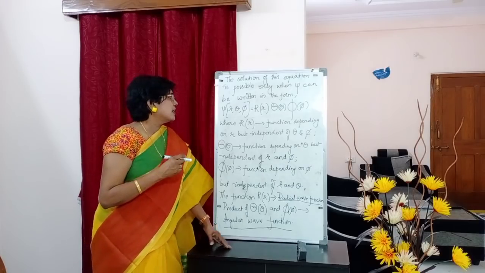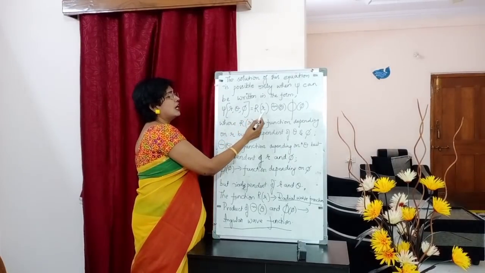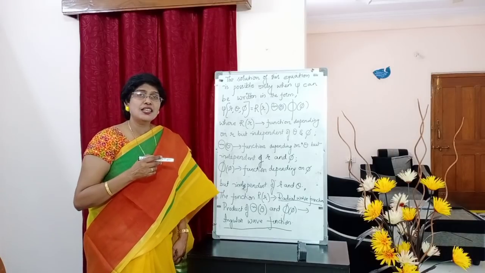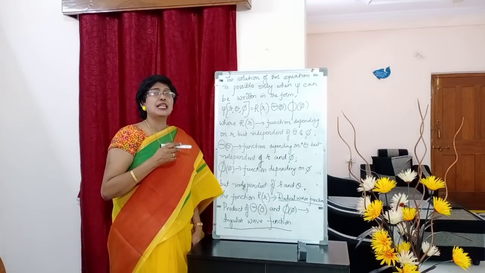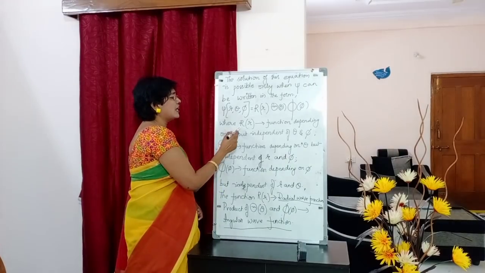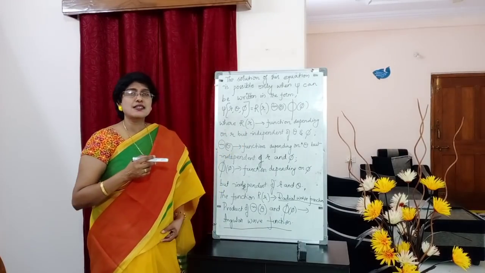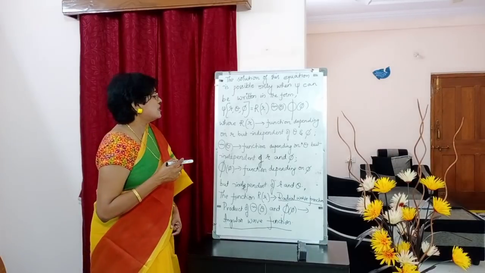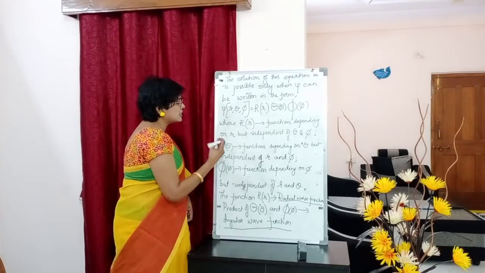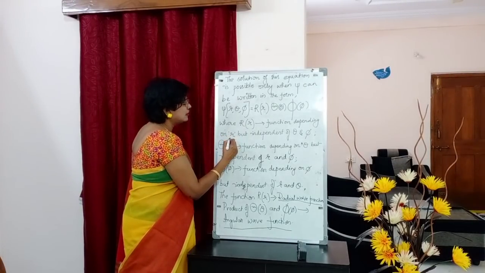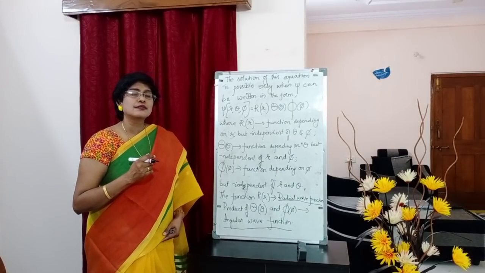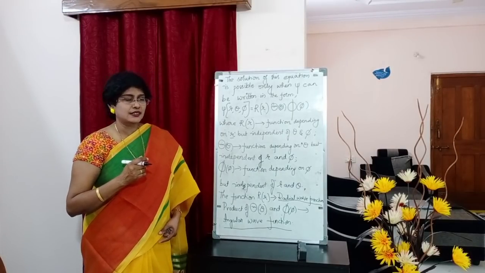Okay, students. Now, R of r is called a function. You know, students, in mathematics there are various functions. So like that, this R of r is a function depending on r and independent of theta and phi.